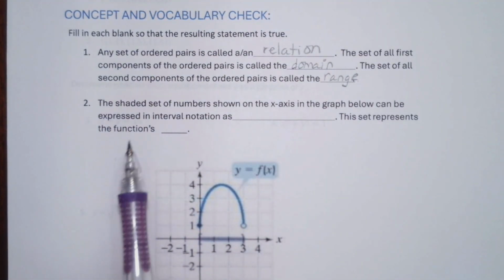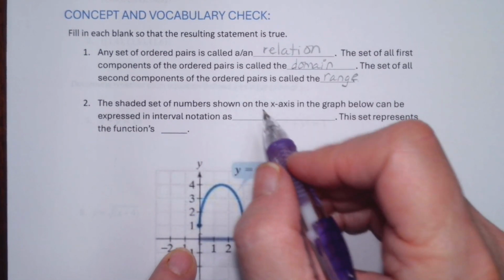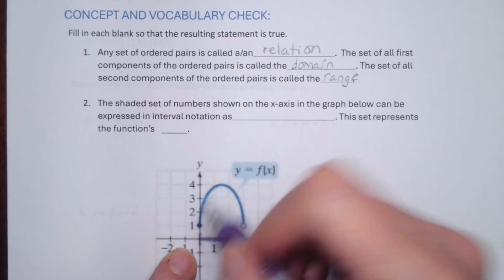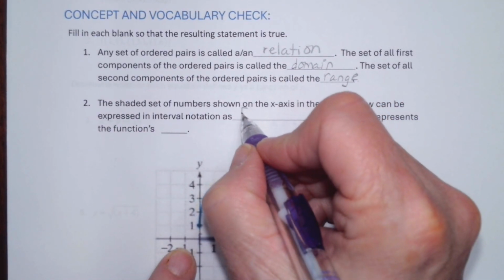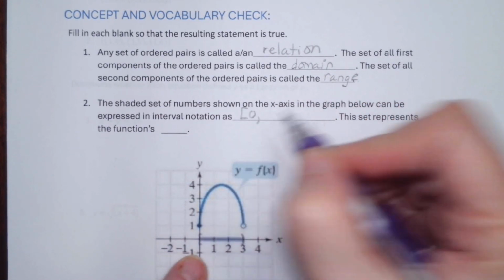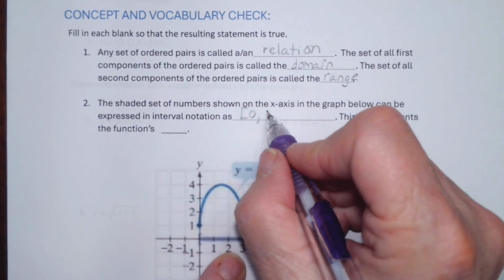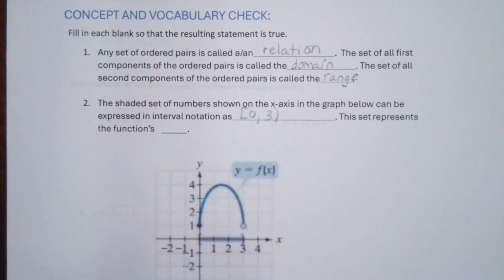The shaded set of numbers shown on the x-axis in this graph can be expressed in interval notation as, so if we start here, there's a closed circle, so this would be closed at 0 and it goes all the way to 3 and it's an open circle, so it'd be a parenthesis.